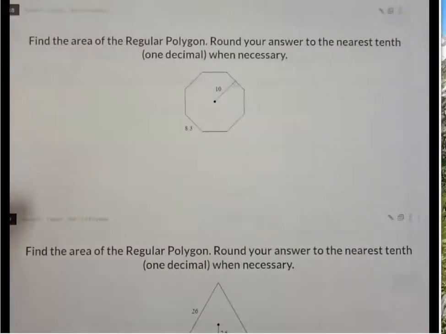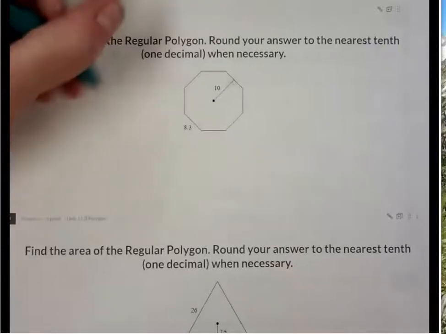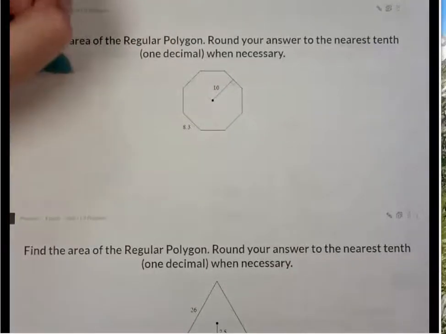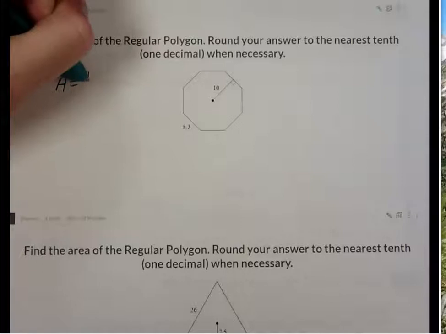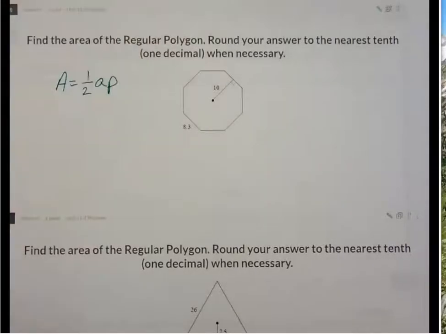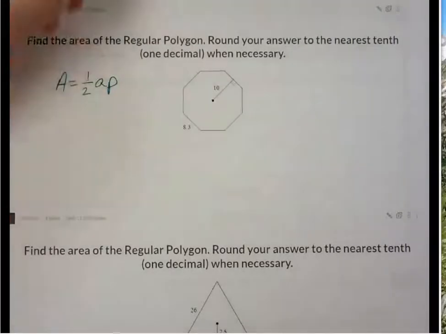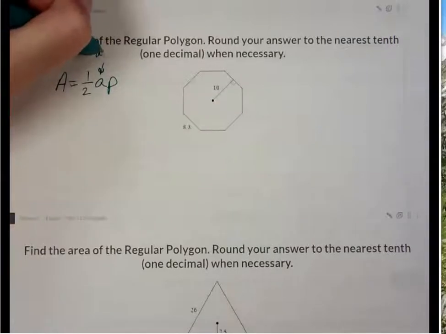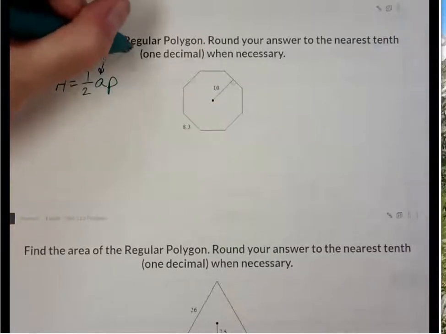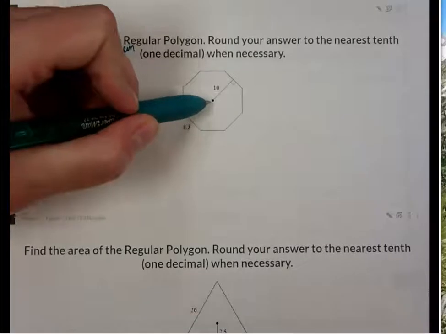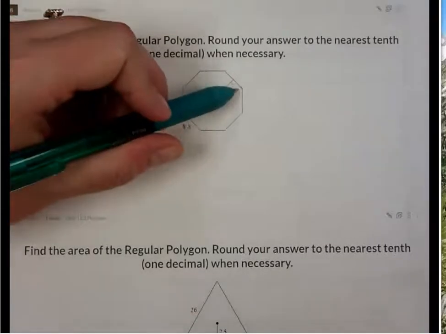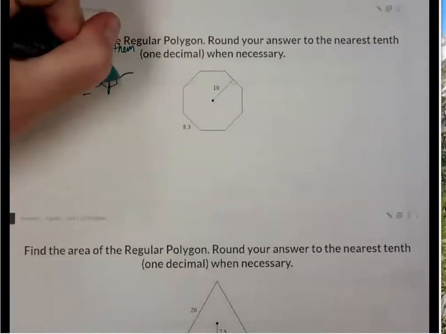Okay, these first couple of problems are very simple. You're given everything you need, and you are doing the 1/2 AP formula, where A stands for apothem. So the length from the center of the polygon to one of the sides, not one of the vertices, but to the side.